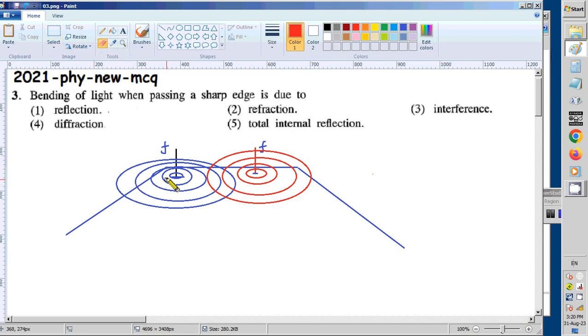Pattern means blanks like this, no waves. There are no waves at some lines like this. So there is a pattern, we call that interference pattern. If these waves are radio waves, then at these places the radio doesn't work.